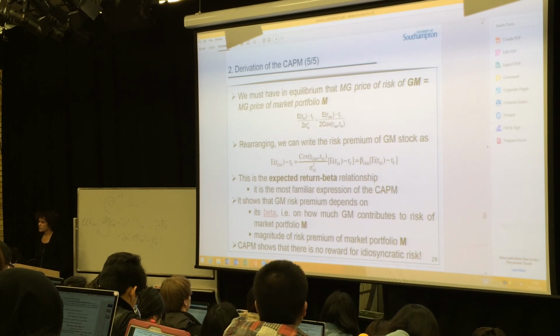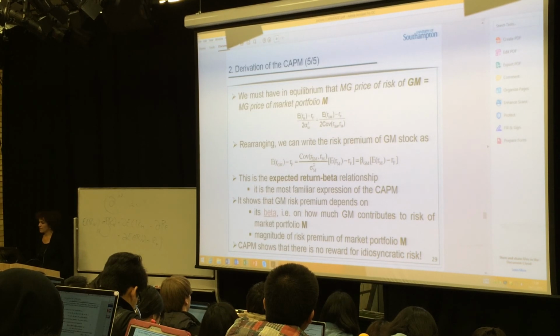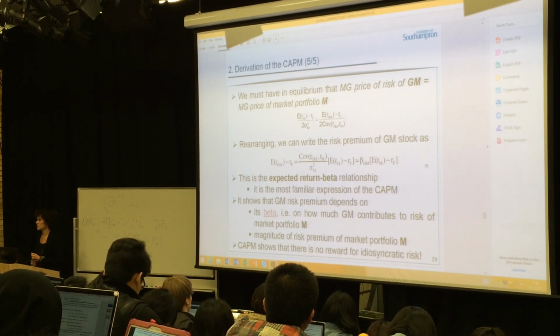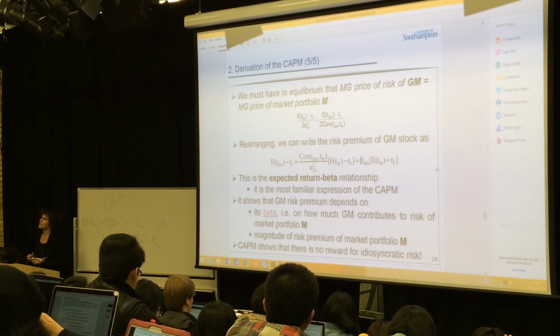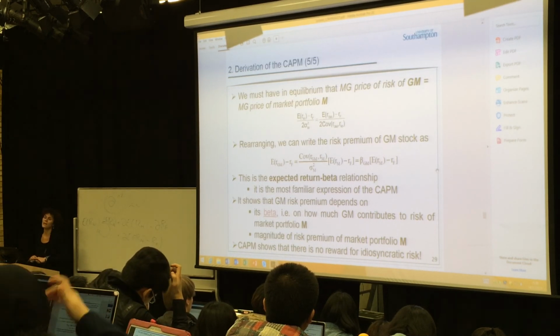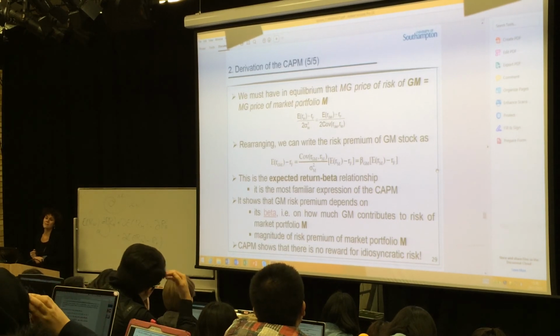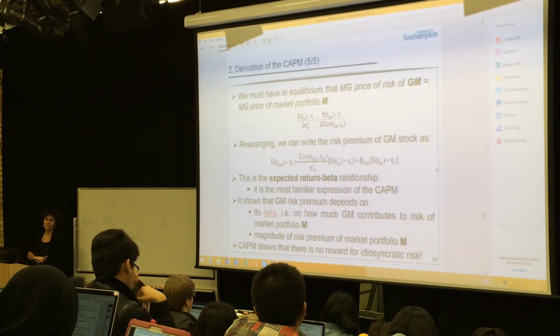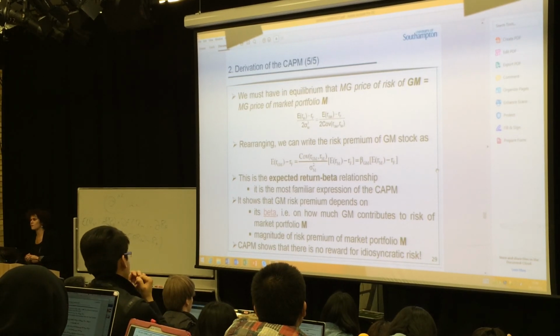This is the contribution of the risk of the security I to the market portfolio, multiplied by the risk premium that I have for my market portfolio. What you notice here is that the idiosyncratic risk, something that was there before in our index model, gets no reward. The only reward that you get from this model is reward for systematic risk, beta. Remember, no idiosyncratic risk, no firm-specific risk. Okay?